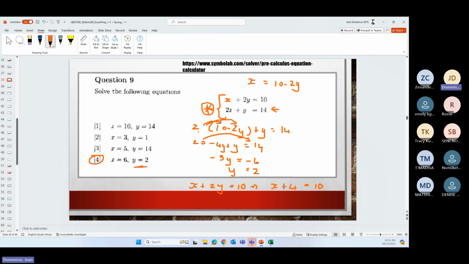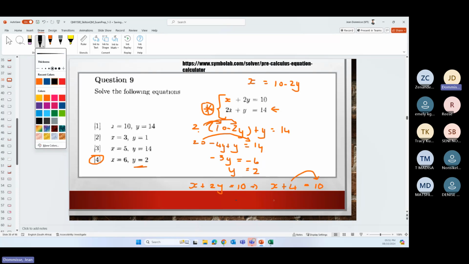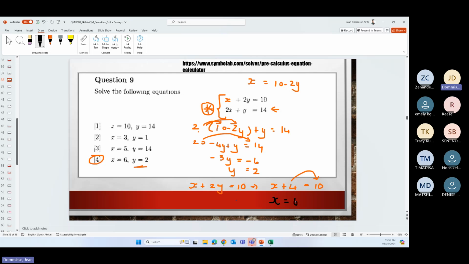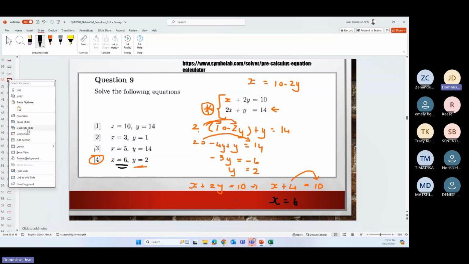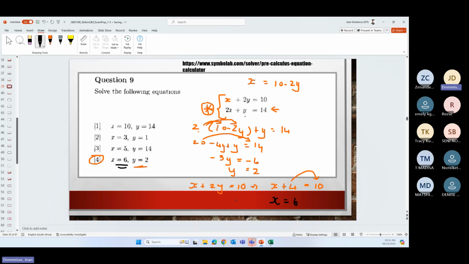So when the 4 goes to that side, it becomes negative. So then our answer will be x equal to 6, which would also have given us that. So that's one way of doing it, a bit longer than usual, but that is if we substituted it.